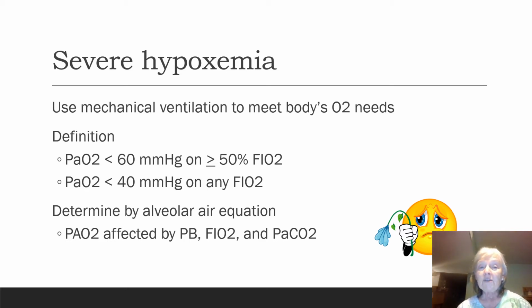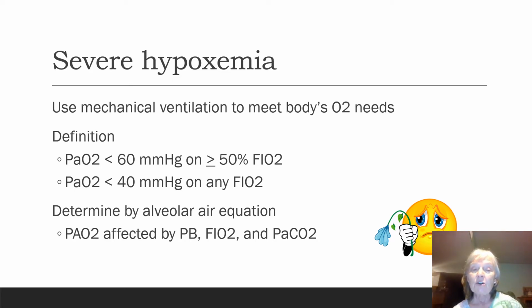Definition of severe hypoxemia. Interesting. A PaO2 less than 60 millimeters of mercury on anything that is equal to or greater than 50% FiO2. If you remember, mild hypoxemia is anything greater than 60 to 79 millimeters of mercury.